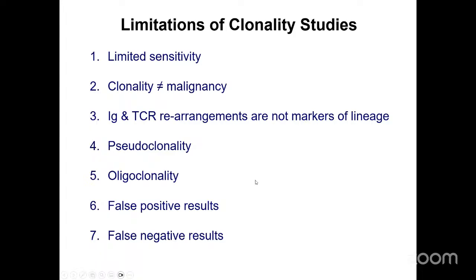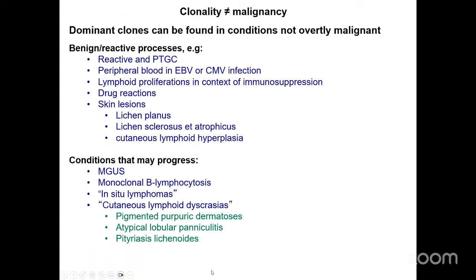There can be pseudoclonality, there can be oligoclonality, and there can be false positive and false negative results. These are some examples of cases where it could be benign and still you could have a clonal population. And there are other examples of what are considered to be pre-malignant conditions, where you will have a clone.